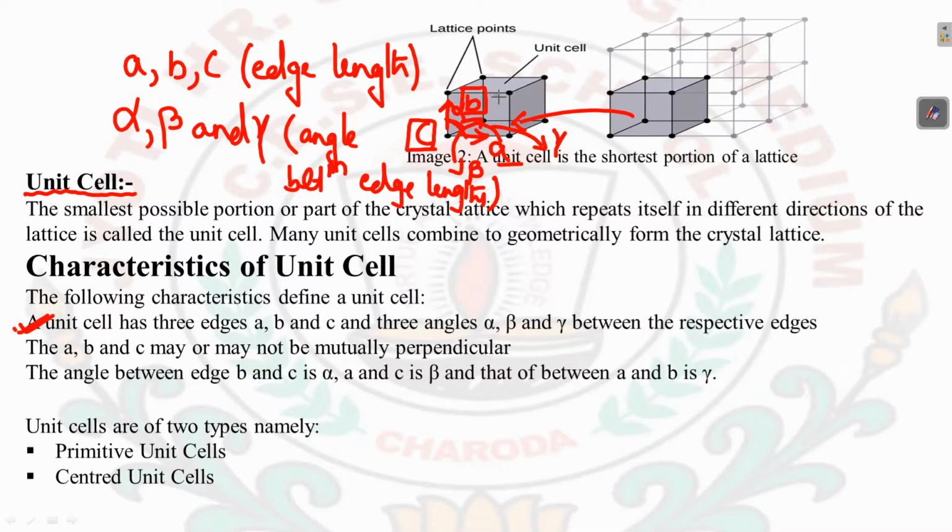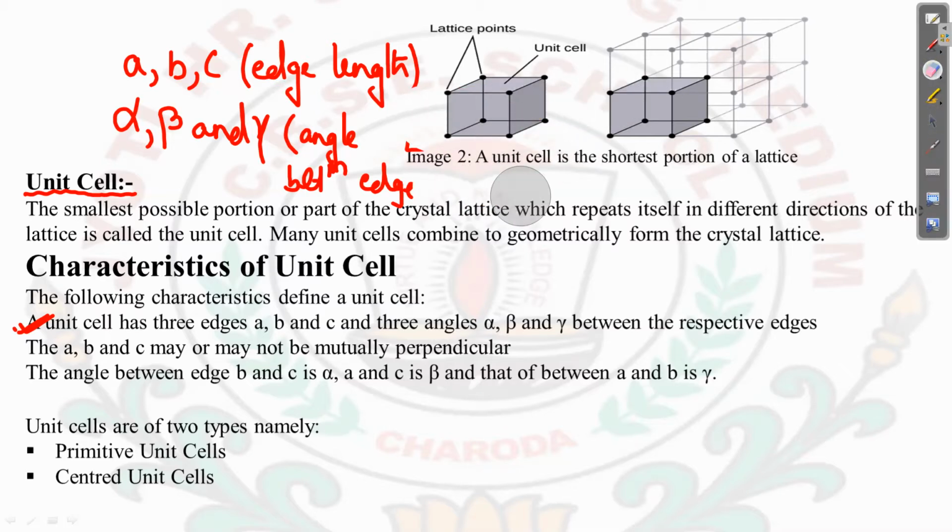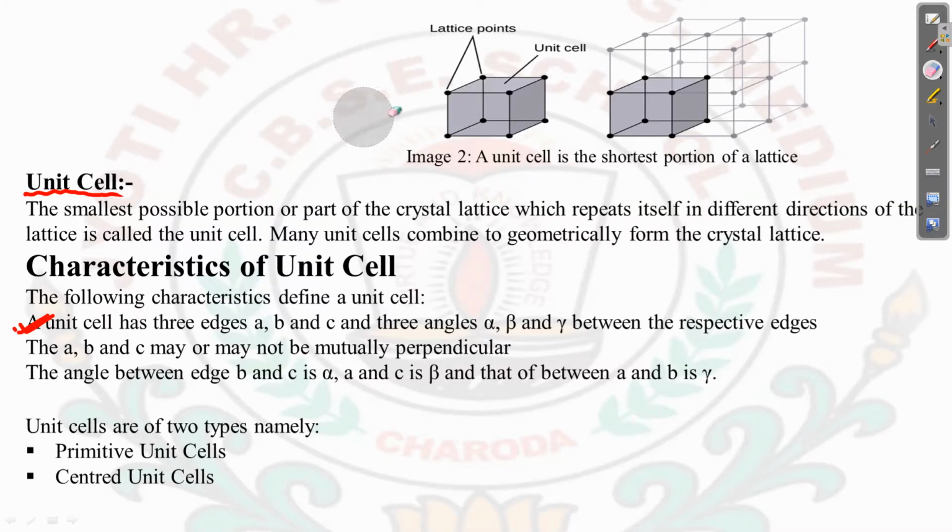Now, since it is a cubic unit cell, it is easy to say that all the edges will be of same length. It means if I am considering this edge as A, then all the three edges will be of same length, which will be A. And also the angle between each edge will be perpendicular to each other.